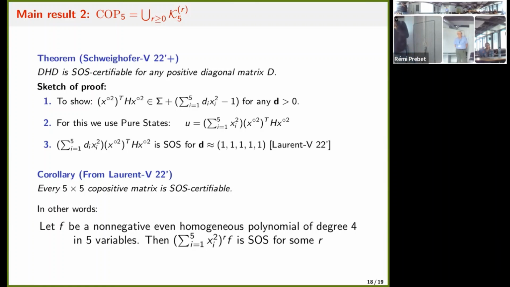But a previous result says that if you have a 5x5 copositive matrix with all ones on the diagonal, then it's SOS certifiable with R equals 1. Just multiplying by the sum of the squares of the variables becomes a sum of squares. So maybe this is the easiest kind of 5x5 copositive matrix.